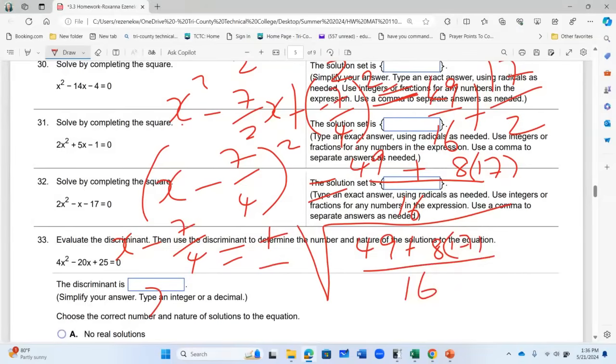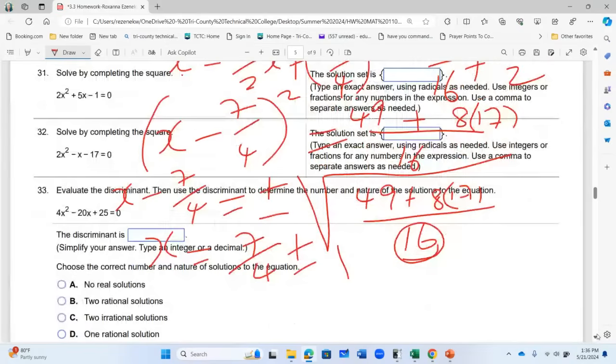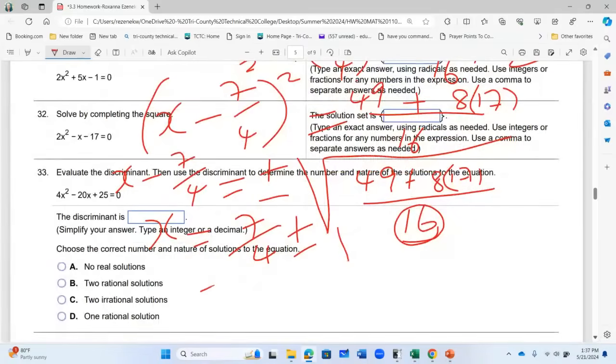So I have x is equal to 7/4 plus or minus. If you look at this, the denominator is 16. 4 will come out from here. That simplifies our problem. Okay, so I can now say my answer is 7/4 plus or minus 1/4 square root of the right-hand side.